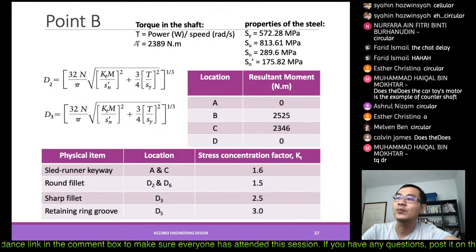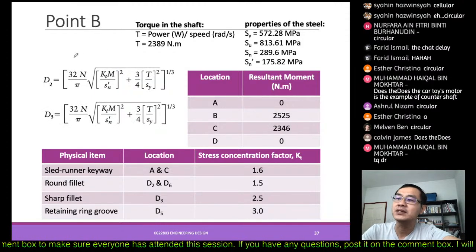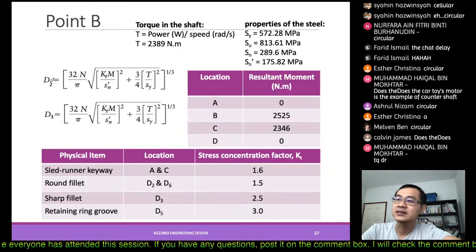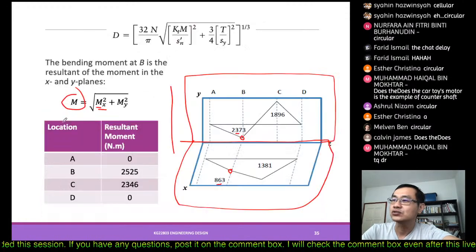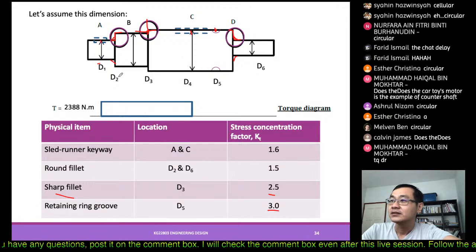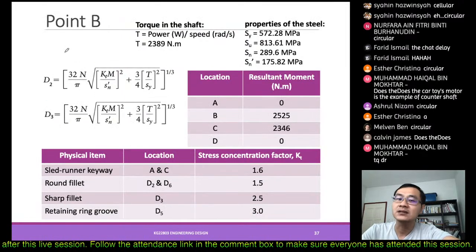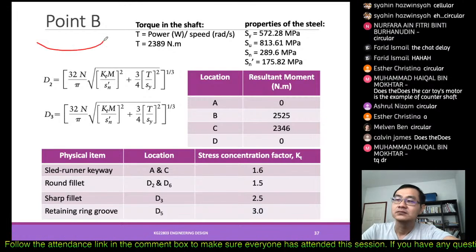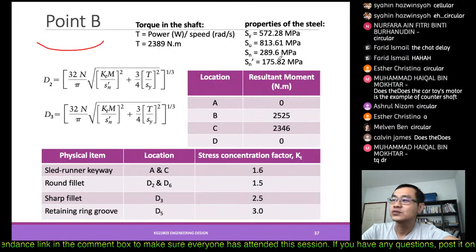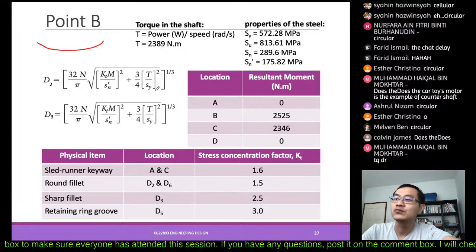Then same thing for point B. At point B we have two segments, D2 and D3. Coming back again, at point B we have this fillet and this fillet. So same equations, we just put them in at that particular point and we will get the values for D2 and D3.